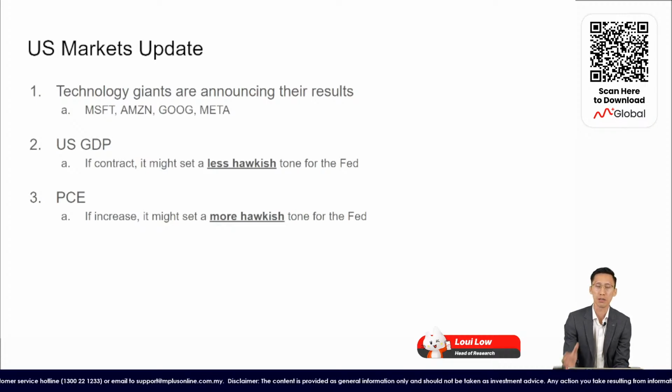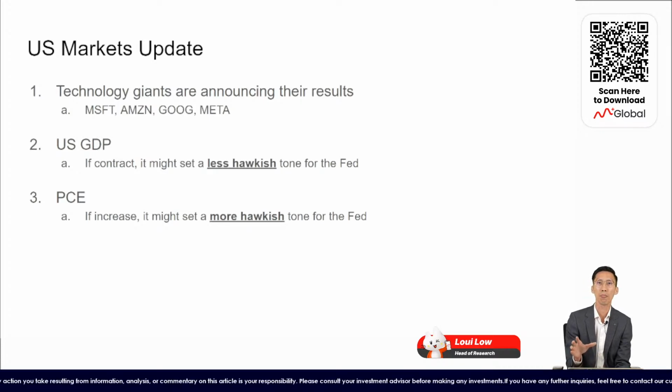Why is it so? It is because GDP is a function of the economy, but at the same time, it will also affect the tone of the Federal Reserve, such as at the FOMC meeting, what sort of direction they are going to take. A lot of traders want the Federal Reserve to go into a slightly dovish tone or even a rate cut if the GDP is going to contract further.